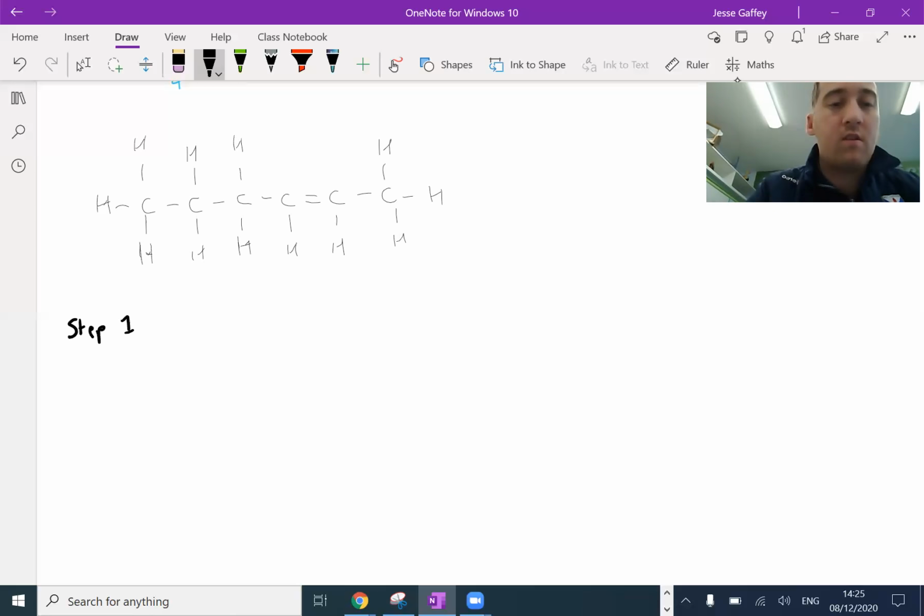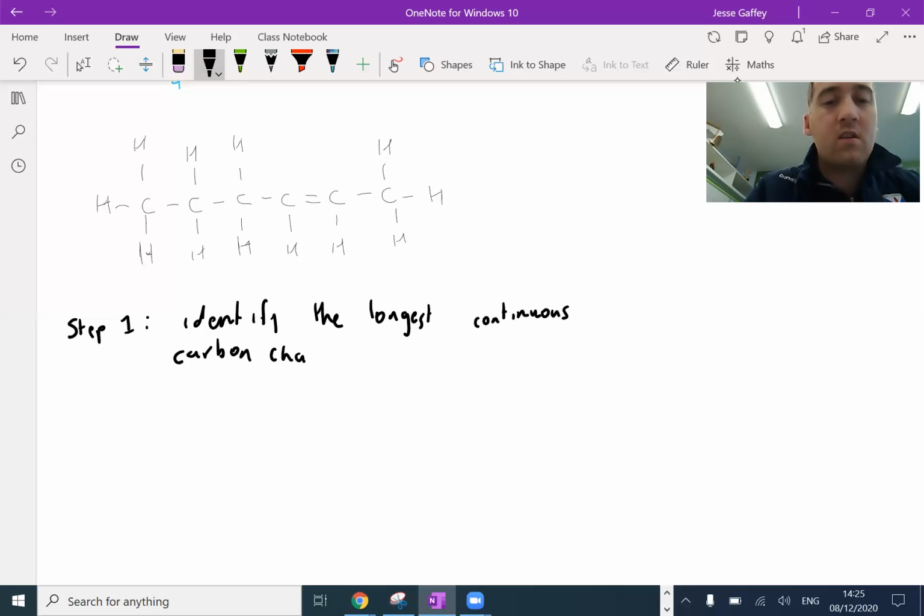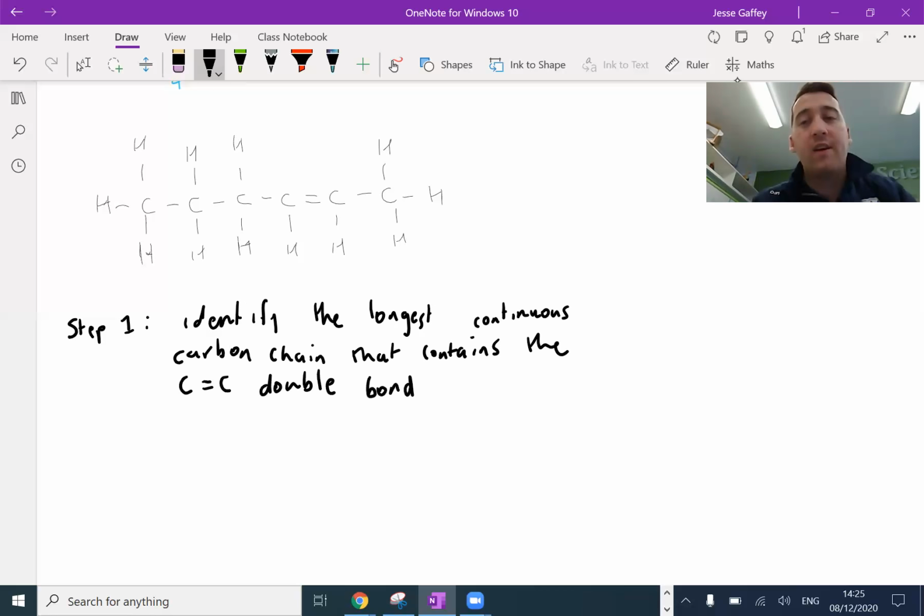So step 1 is identify the longest continuous carbon chain that contains the double bond, C double bond C. Now that's the same rule as an alkane, except for an alkane, it was identify the longest continuous carbon chain.